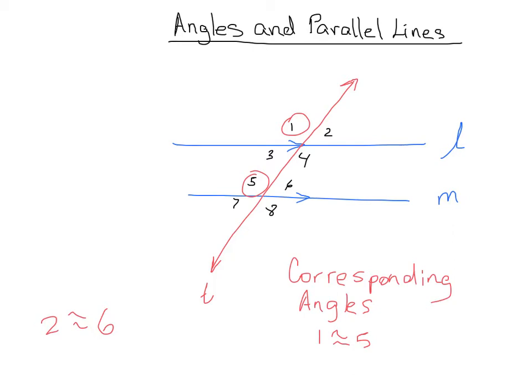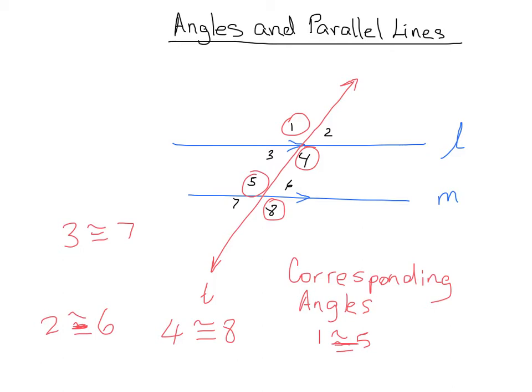They're not approximately equal, they're corresponding. So 3 and 7 are also congruent. And the last pair that's congruent because they're corresponding is 4 and 8. So 4 and 8 are congruent to each other because they're corresponding angles.